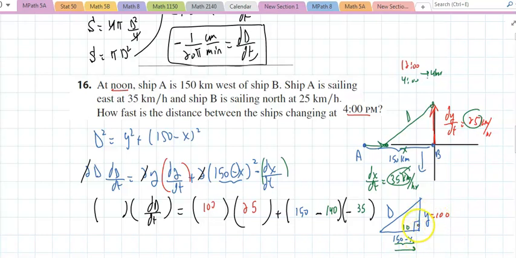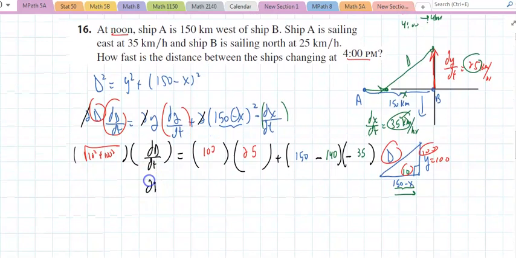So do you see why I need this triangle? If this is 100 and this is 10, I still need to find D. What is D? D is the square root of 10 squared plus 100 squared. 10,100. And dd/dt, the change of the distance between them with respect to time, is what I'm looking for.